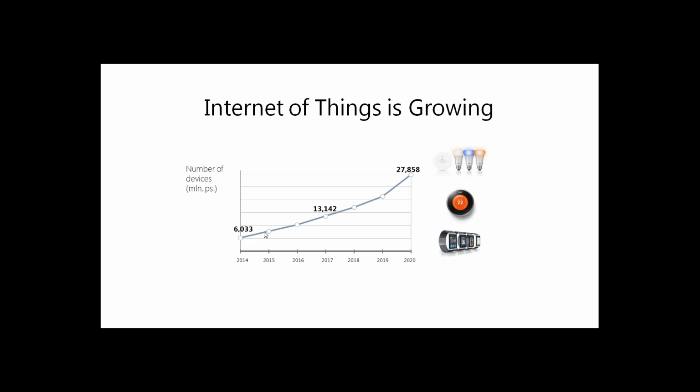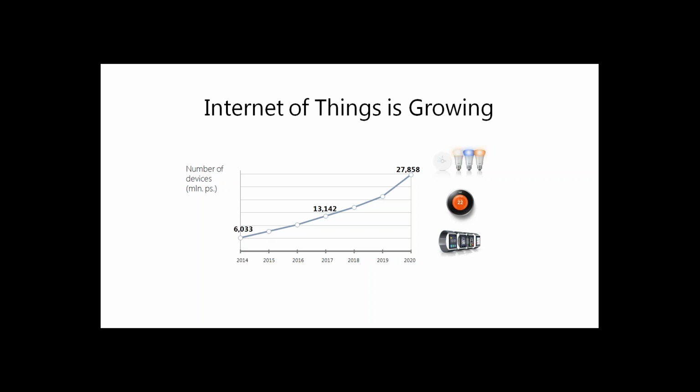Many of us saw these numbers, which are growing from 6 billion devices to 27, almost 28 billion in 2020. It means that with 7 billion people in the world, they'll have approximately at least 3 or 4 smart devices each.